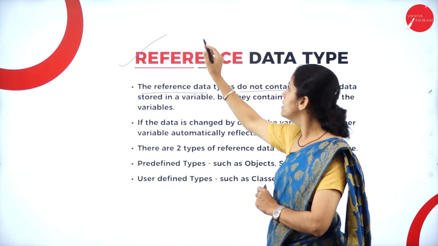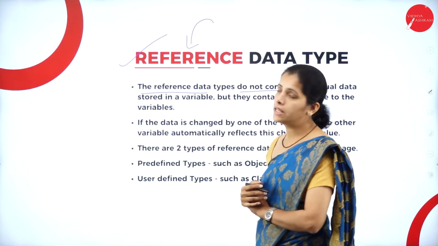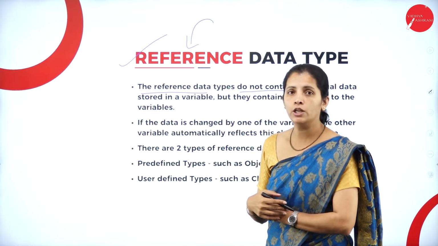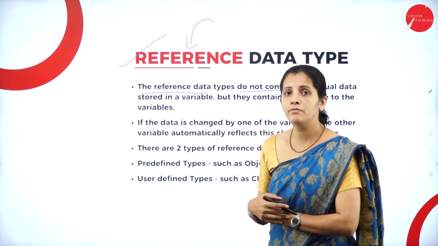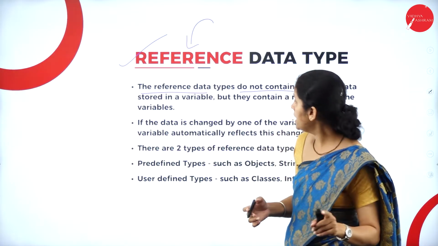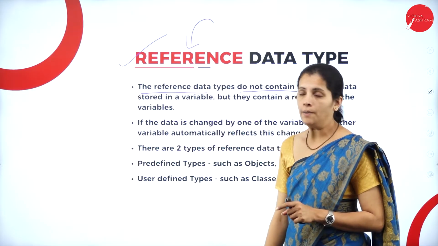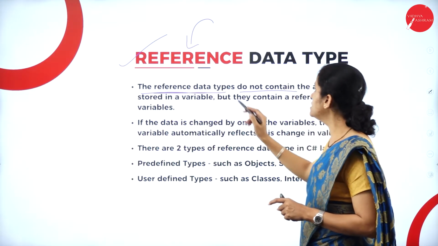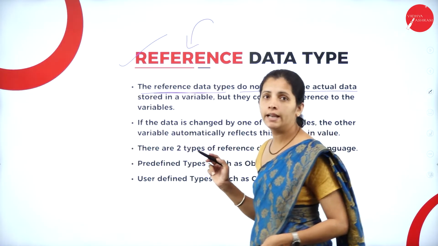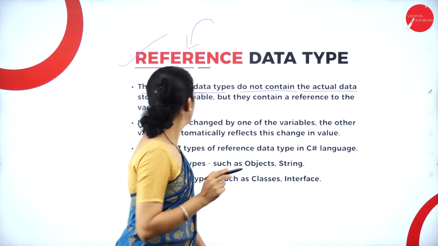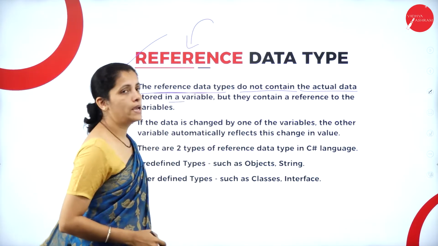So when it refers to something, it does not include any value, and it is not responsible for storing any data. The reference data type does not contain actual data stored in a variable.